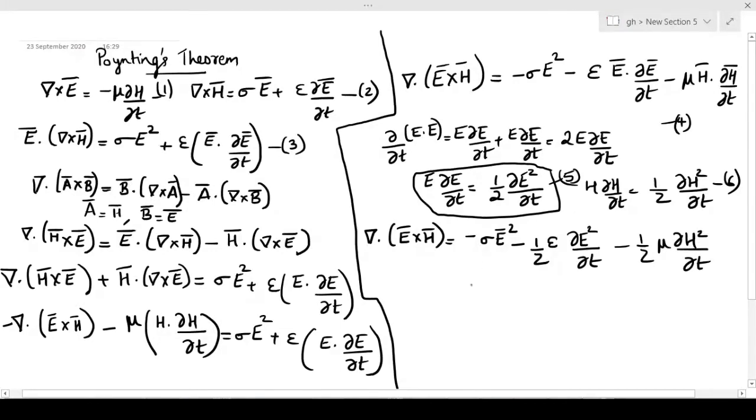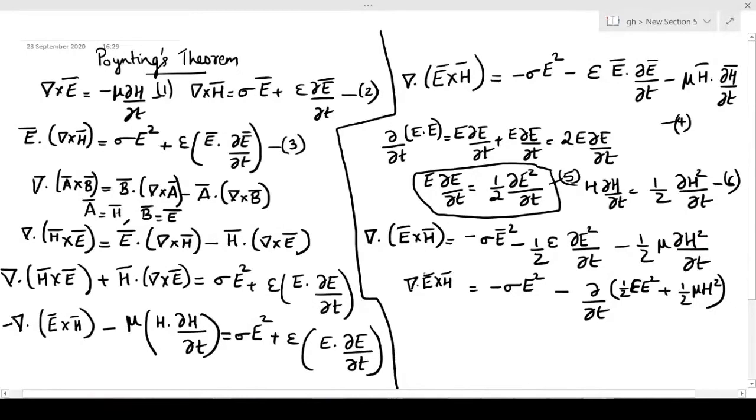Okay, this can again be written as minus sigma E square minus ∂/∂t of (half epsilon E square plus half mu H square). You can take it like this. This is equal to del dot (E cross H).